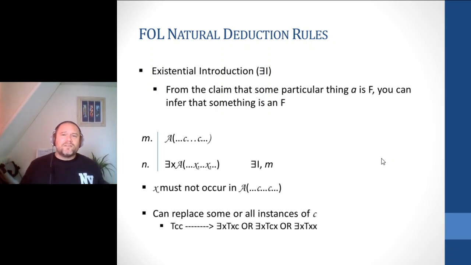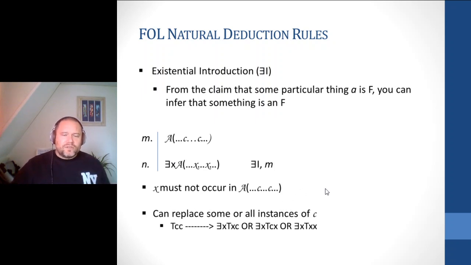Existential introduction, thankfully, is extremely easy. The idea here is that if we know that some particular thing A is F, then you know that something's F, because A is something, so there's got to be at least one thing in the domain that's an F. Slightly more formally, if we have a sentence featuring a name, we can replace that name with a bound variable attached to an existential quantifier.